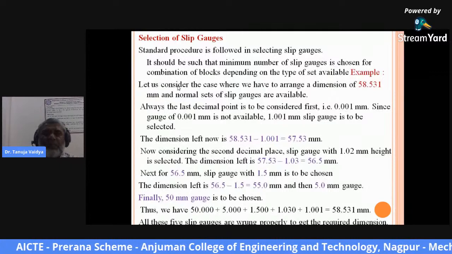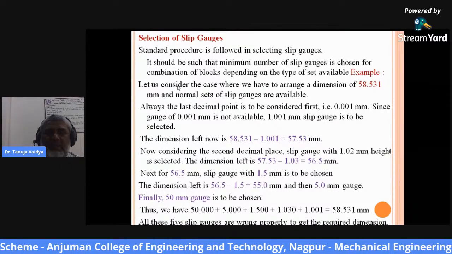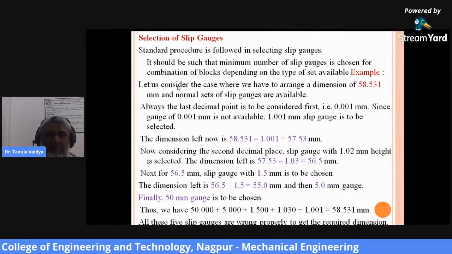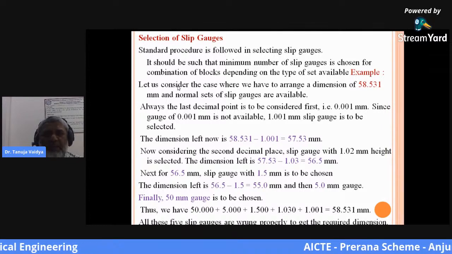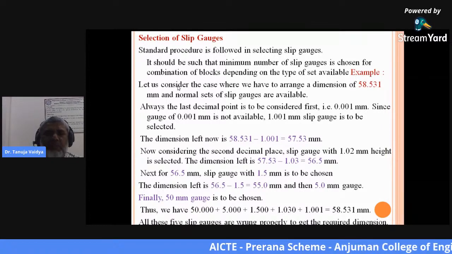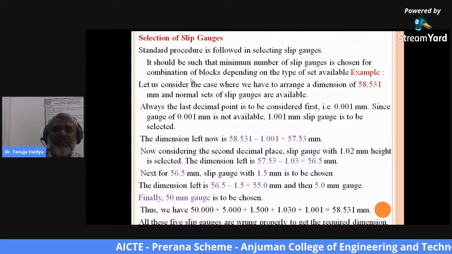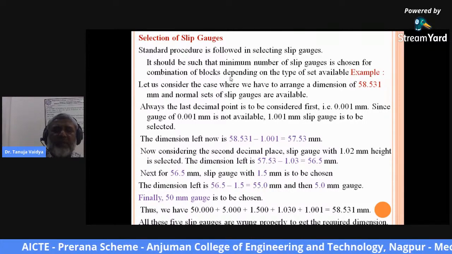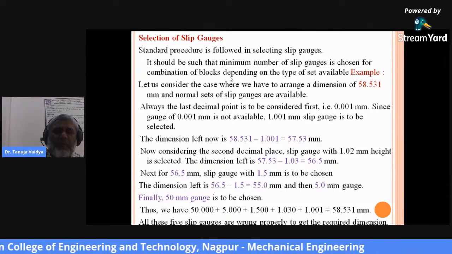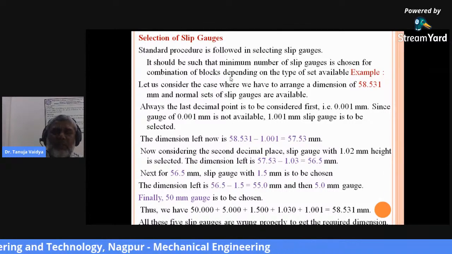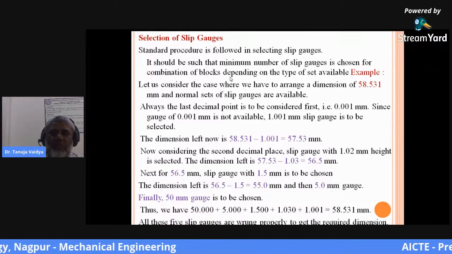The standard procedure is followed in selecting slip gauges, and how slip gauges are used to arrange a dimension, we will see from this example. Consider this, we want to make a slip gauge set having a dimension of 58.531 mm.